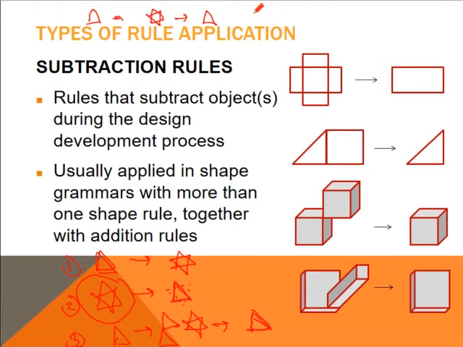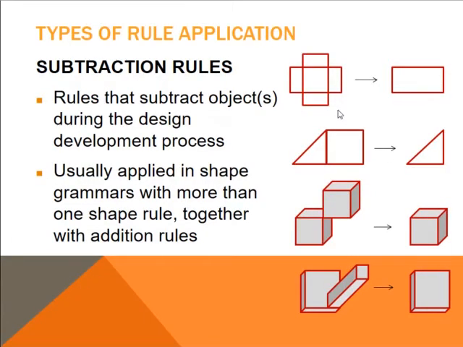If you look at examples of subtraction shape rules, on the left you have more things going on. For example, this overlapping rectangular shape, and the rule specifies that you remove this vertical rectangular shape from the original shape, so it becomes only a single horizontal rectangular shape.